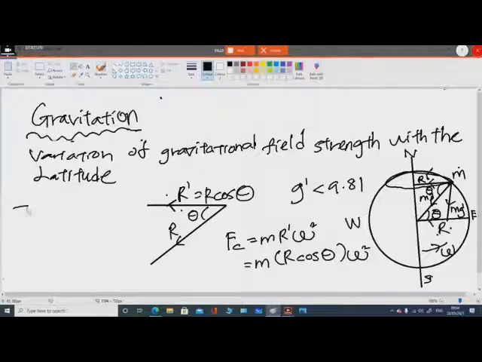So we can see that there are actually three components of force acting on the mass m.